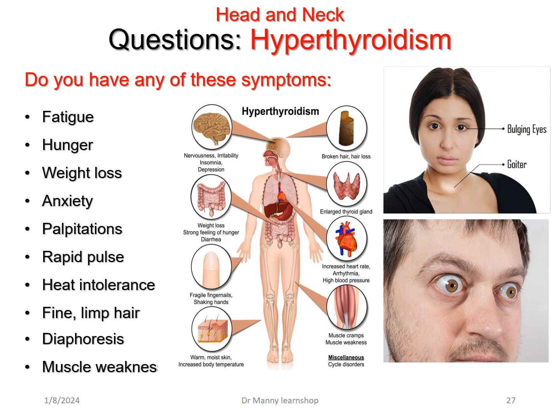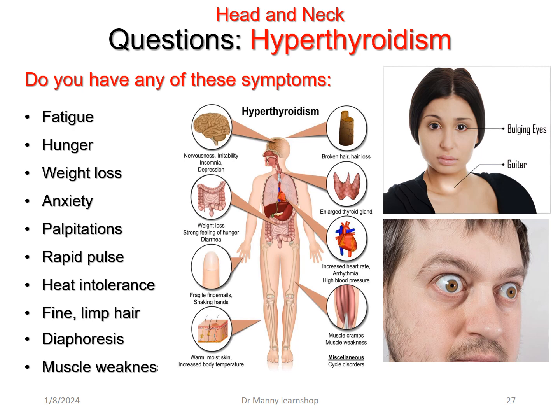When it comes to questions related to specific disorders, such as hyperthyroidism, Graves' disease, you could ask, do you have any of these symptoms? And that may give you information about whether they may have this disorder. Are you fatigued? Are you always hungry? Have you had any unintentional weight loss? Are you anxious? Do you have palpitations?